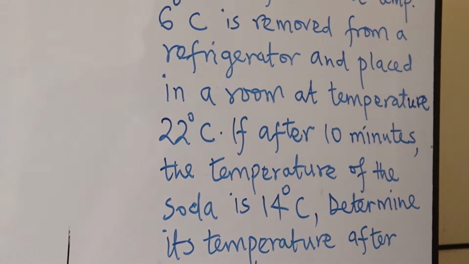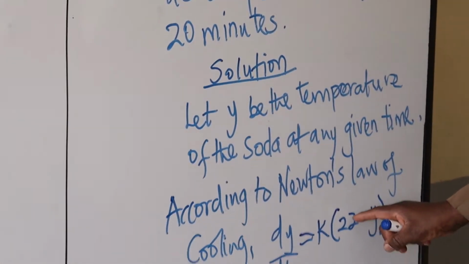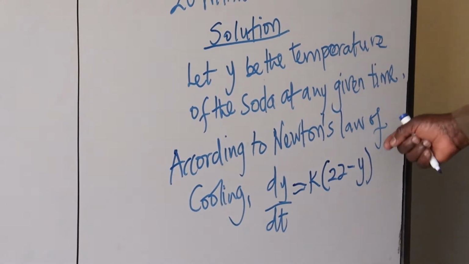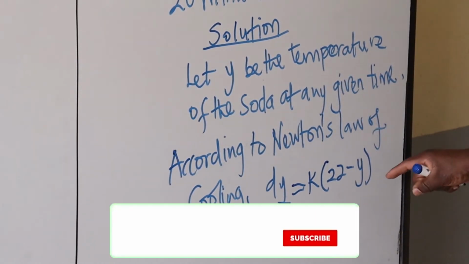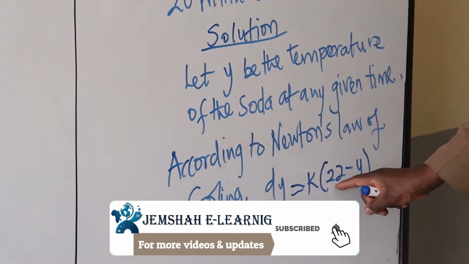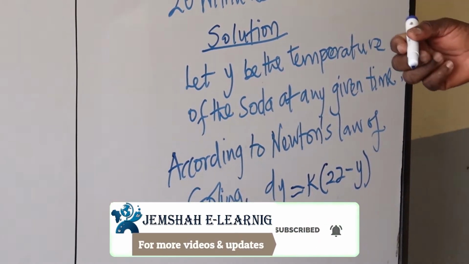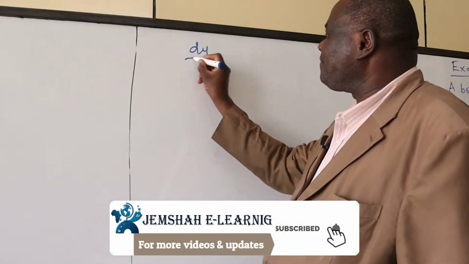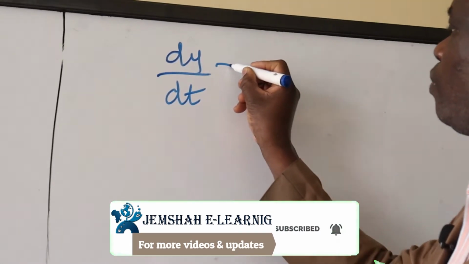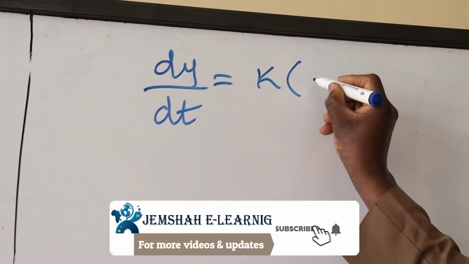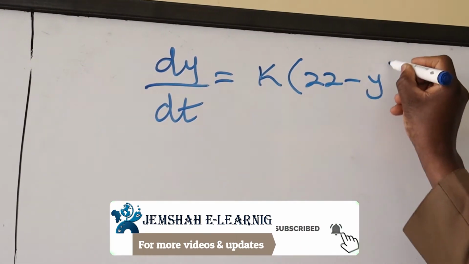So this is the way the temperature is changing from 22 to the present temperature at any given time, which is y. So dy/dt is equal to k times (22 minus y).